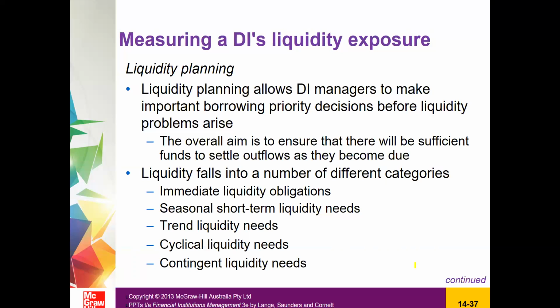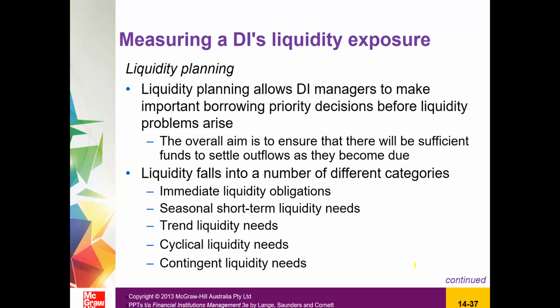Active liquidity planning minimizes the risk that there will not be sufficient funds to either settle payments as they become due or to meet future loan demands. One point is depository institutions have different liquidity obligations, and liquidity planning must incorporate all of these different types of liquidity obligations.